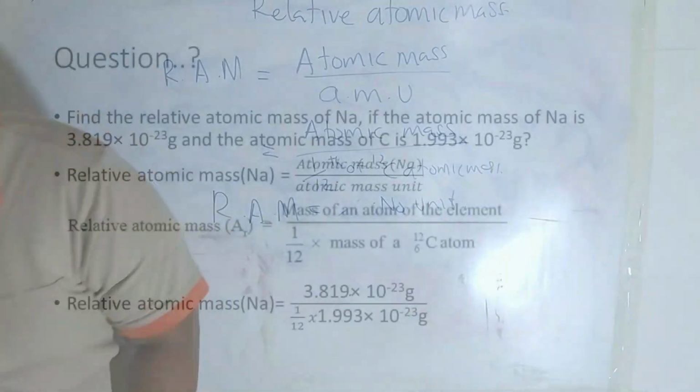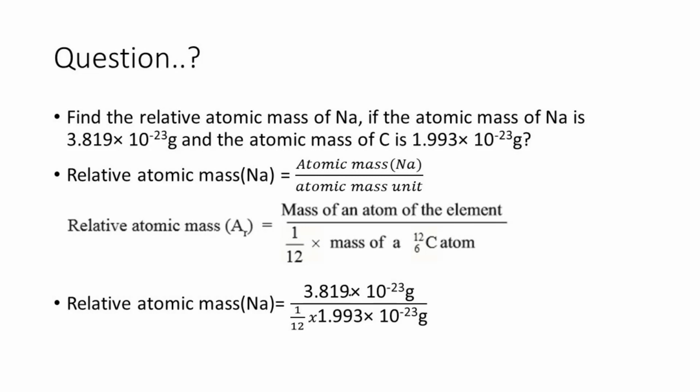For example, they might ask you a question like this: the atomic mass of sodium is 3.819 into 10 to the power of minus 23 grams.